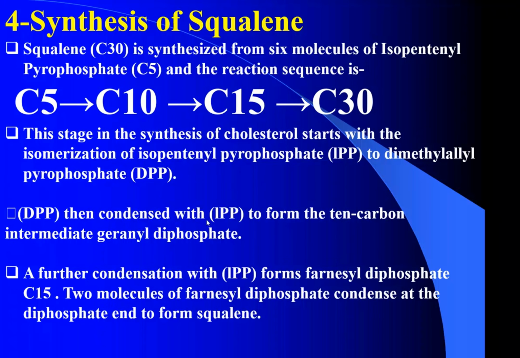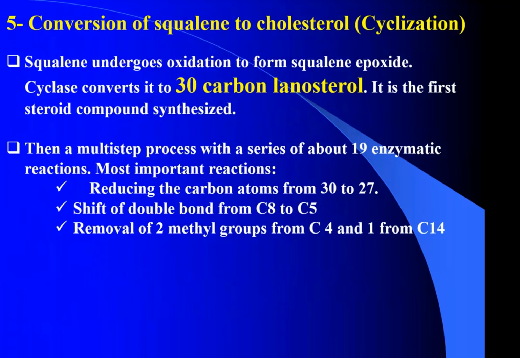Then DPP condenses with IPP to form the 10-carbon intermediate, and further condensation with IPP forms C15, and in this way it produces the 30-carbon substance.